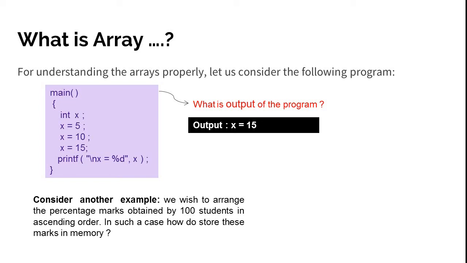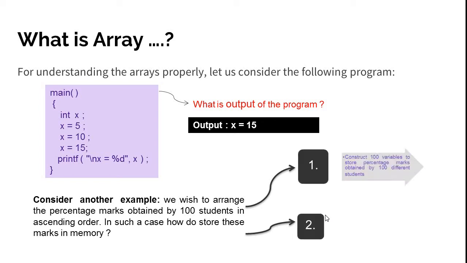There are possibly two ways you can do it. The first one is to construct 100 variables to store the percentage marks obtained by 100 different students. Why do I need this?